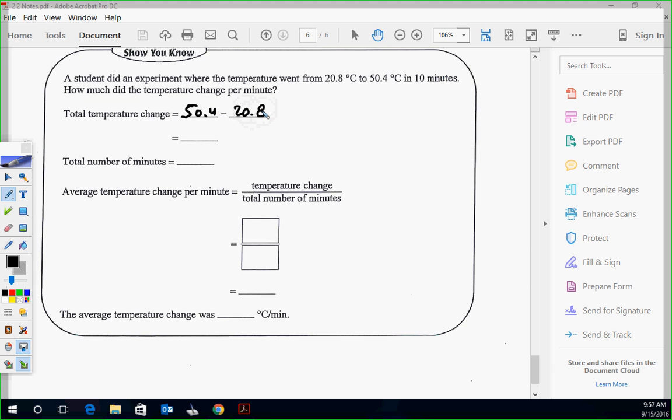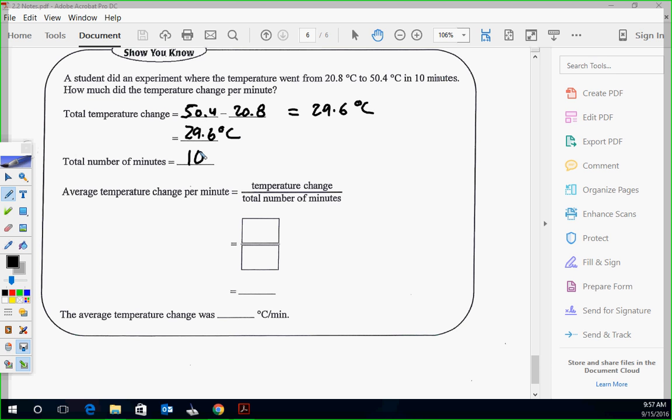Okay, so that's going to be 29.6. Or no, not 29. Yeah, no, that's right. 6. So that's the change. And so now what we're going to do is, we have total number of minutes is 10.